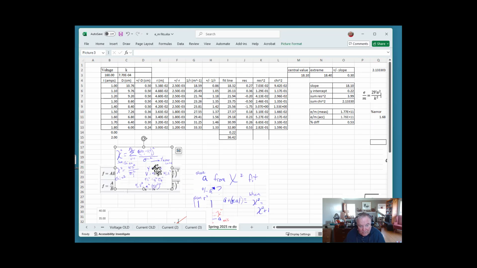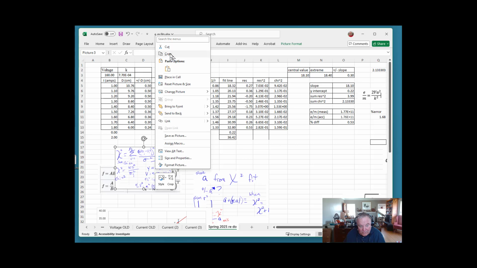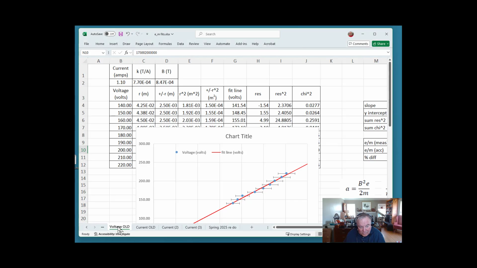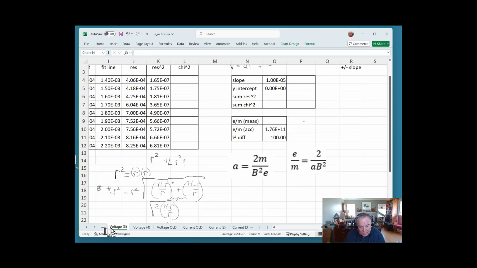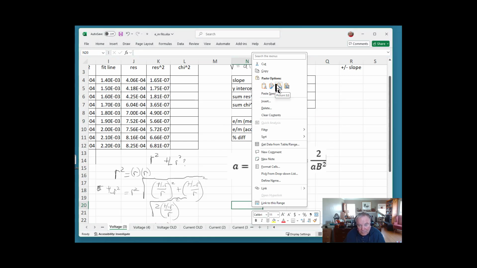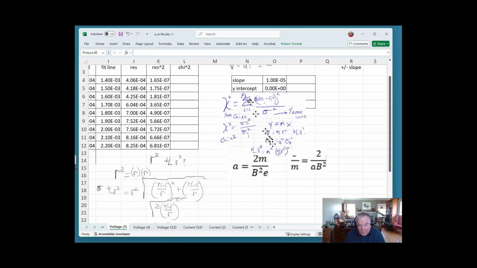And there's the chi-squared. And we'll bring it back here. Yeah. And we'll paste it as a picture. All right.